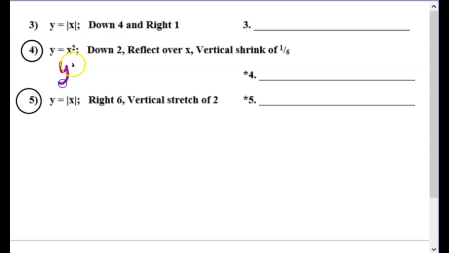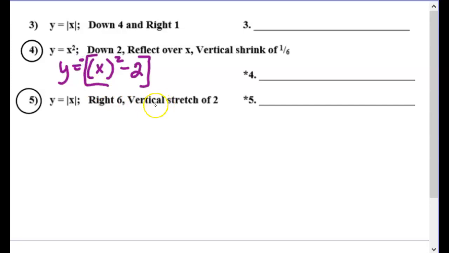All right, again, this is the idea, okay? So you're not confused. Down 2 goes where? Goes on the back. Reflect over x. Ooh, this is a trick. If they want us to do down 2 and then reflect over x, we would need to say, now I'm going to reflect over x.